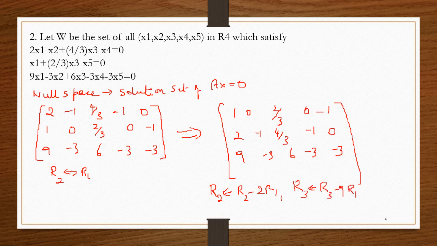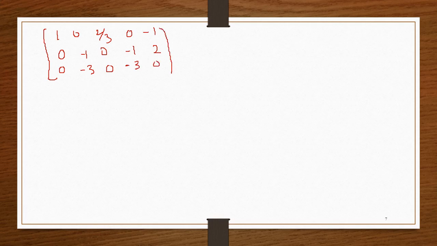After doing this, we'll get a matrix which will be equal to 1 0 2 by 3 0 minus 1, 0 minus 1 0 minus 1 2, 0 minus 3 0 minus 3 0.